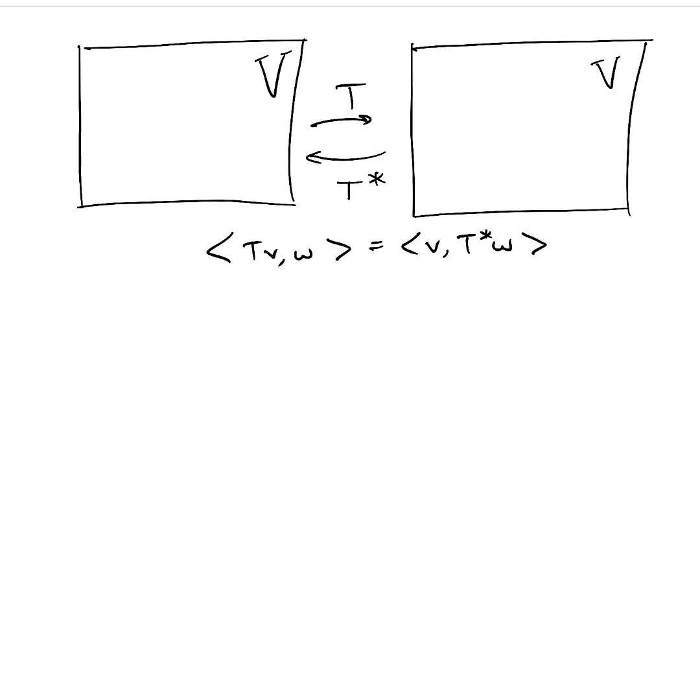Okay. Now, Hayden was asking in class, was there a connection between, say, T star and T inverse? Because in the pictures, it really kind of does look like T runs left to right and T star runs right to left. And so it sort of reminds us of that symbiotic relationship between T and T inverse.